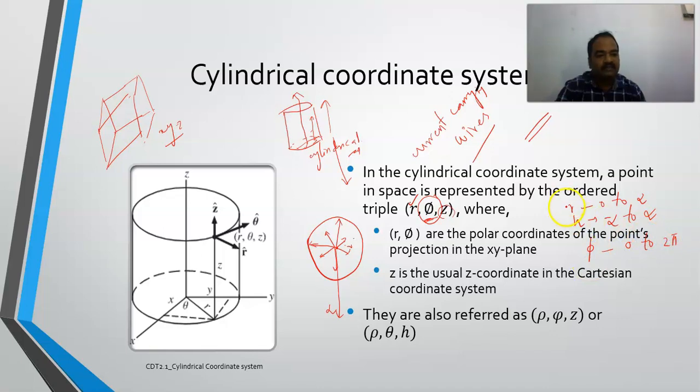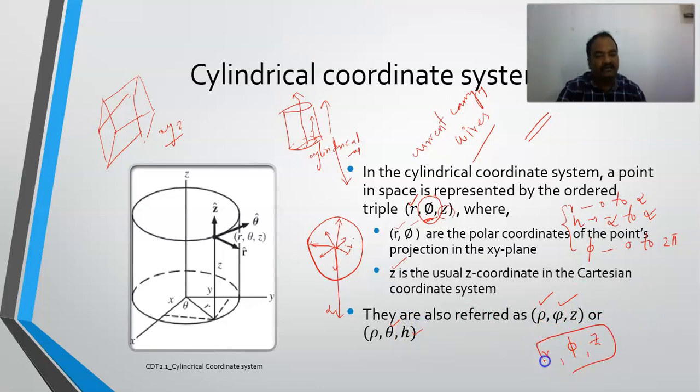So three coordinates are generally employed in order to represent any point in the cylindrical coordinate system: r, phi and z. In some textbooks r is referred to as rho, and phi is referred to as theta or some other terms. z is also represented as h in some textbooks, but we will stick to r, phi and z.